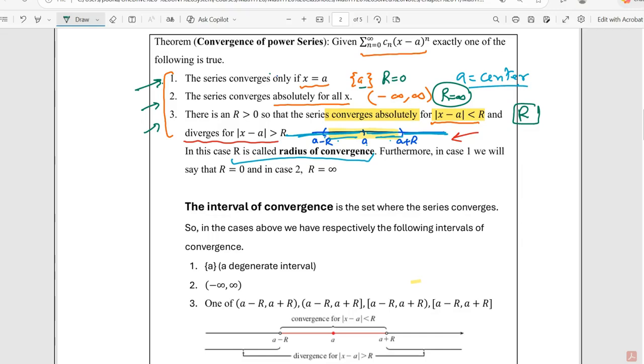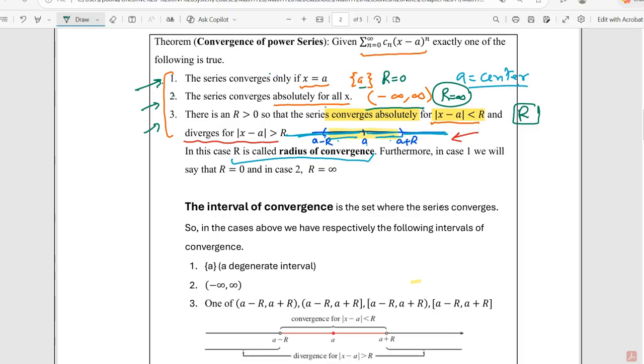So one more time, for the convergence of the power series, one of these three will be true. Either the series converges only at one point, which is the center of the series, or the series converges for all x, then the radius is infinity and the interval of convergence is negative infinity to infinity.